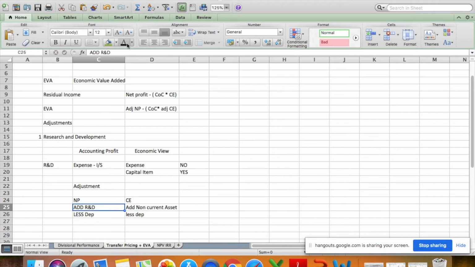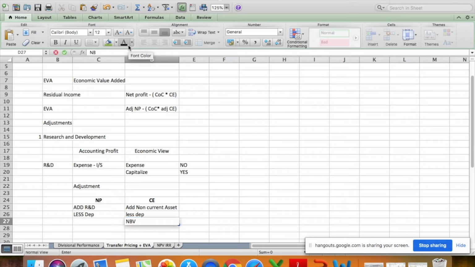So again, I'm going to repeat what we did with R&D. We created two areas, accounting profit and economic view, and I've written capitalize here because we've capitalized it as per the economic view. If you could see the formula, the capital employed and NP, net profit, were both adjusted for R&D from its accounting view to its economic view.